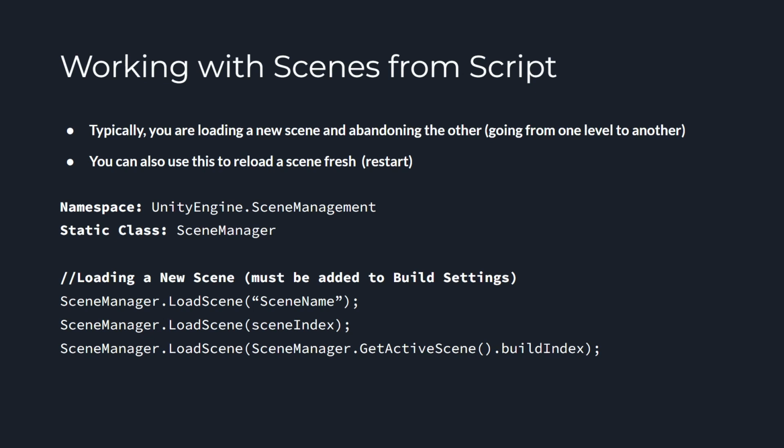So we have some scene that is loaded up the moment we hit the play button. When we package our game, it'd be nice to be able to say, well, what scene gets loaded when the game starts? We'll talk about that in just a minute. But we use these things to manage our scenes. We can do it from scripts. Typically, the action we're taking is we're loading a new scene, abandoning the old scene, right? In with the new, out with the old.